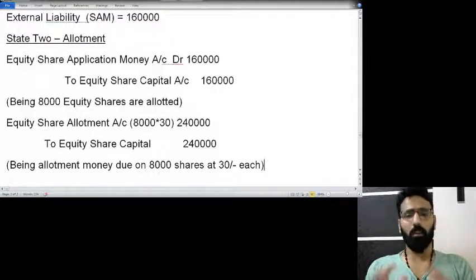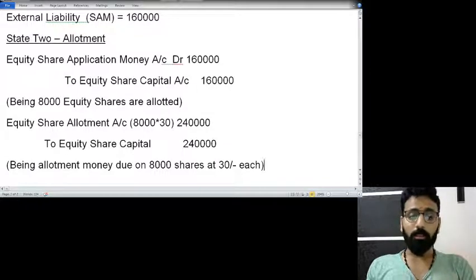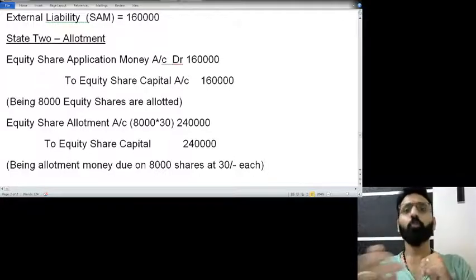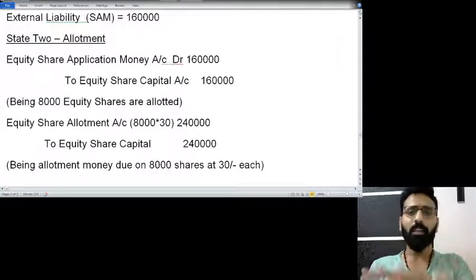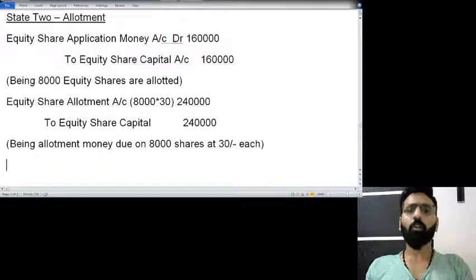Means what? Now you are my members and I am asking you to pay the allotment because I allotted the shares to you. You have to pay me. See, in application first money comes and then we start allotment. But in allotment first I'll ask, then you pay. Unless I ask you, you are not under any obligation to pay. So once I ask you, now you have to pay.